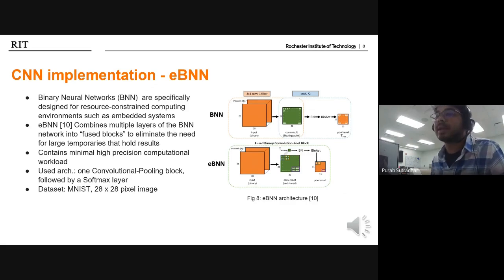The first CNN that we implemented was the eBNN. eBNN stands for Embedded Binary Neural Network. Binary neural networks are a kind of highly quantized deep neural networks aimed at low precision computing. The neural weights of this network are binarized, that is, they are either 0 or 1.